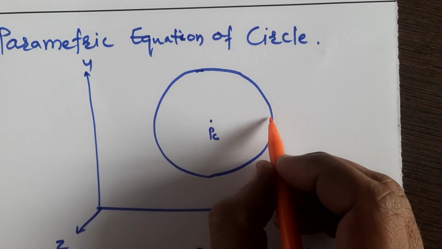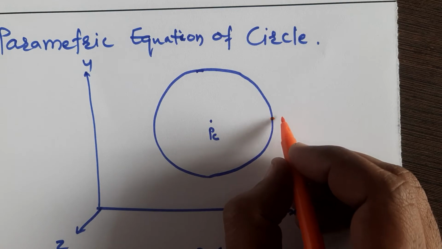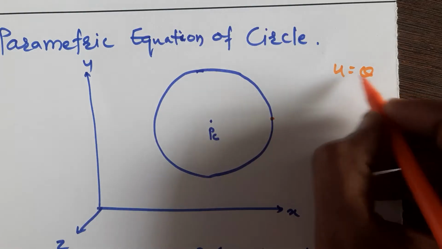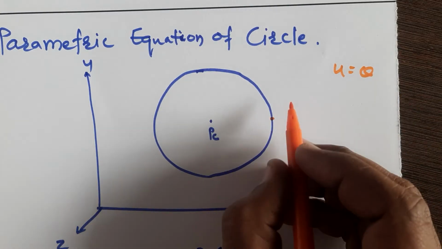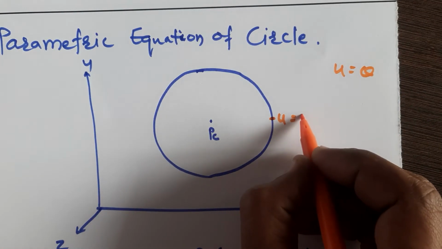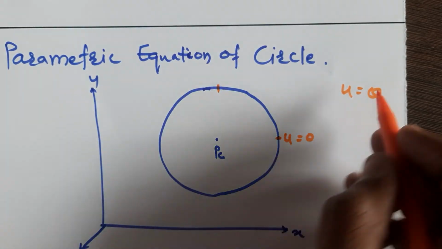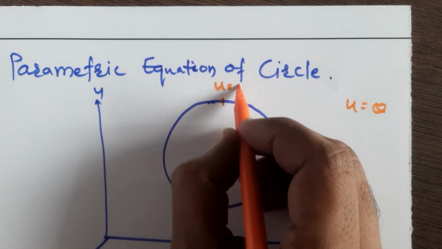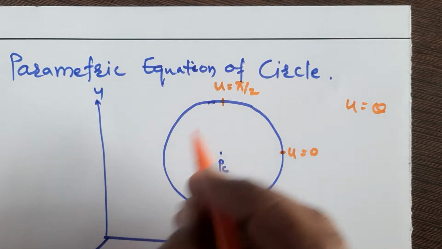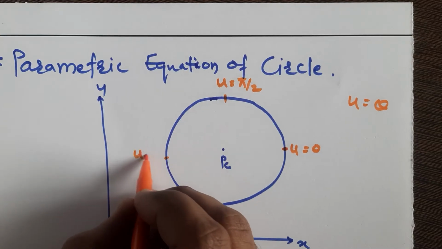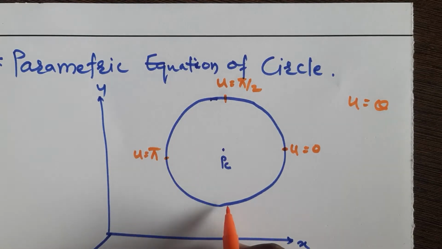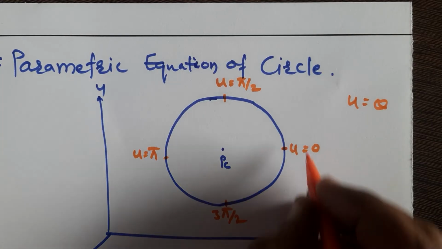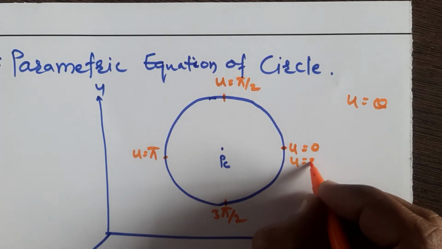Now let us consider here the angle is the parameter where we will consider u as theta. So theta will be denoted as u. Let us consider u here is 0. Here u is nothing but a theta. Then u is equal to pi by 2, then u is equal to pi, here u is equal to 3 pi by 2, and again here u will be 2 pi.